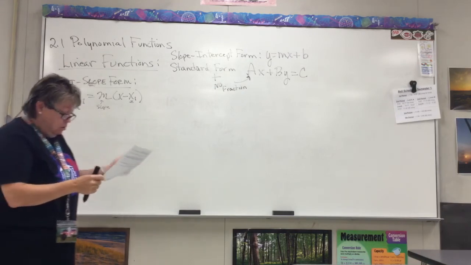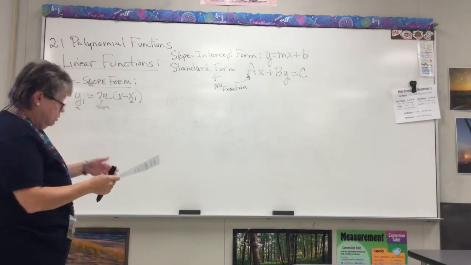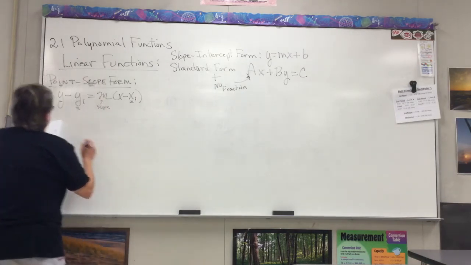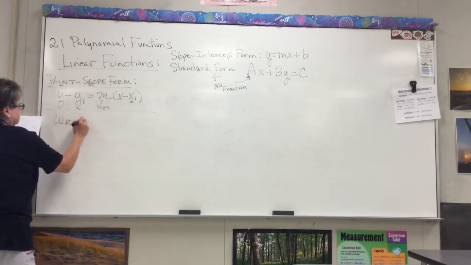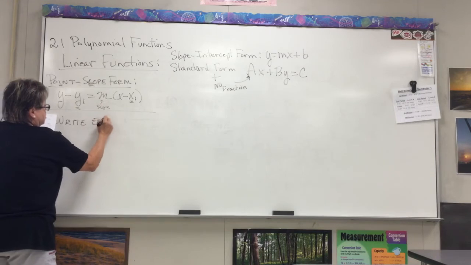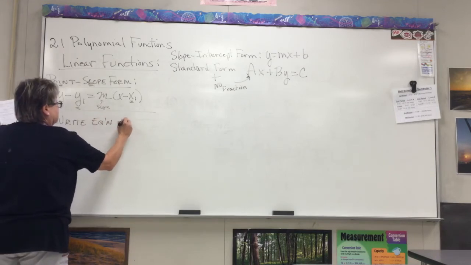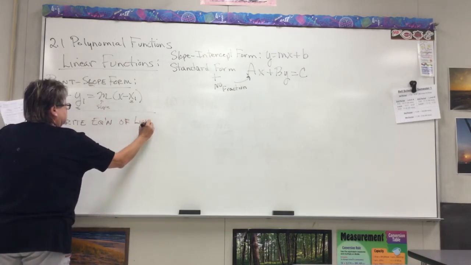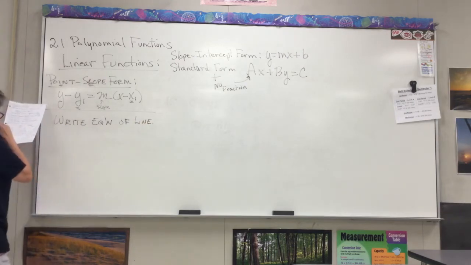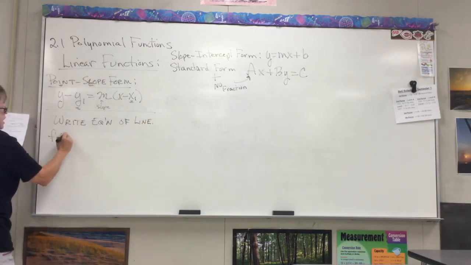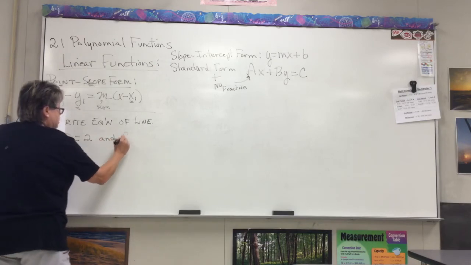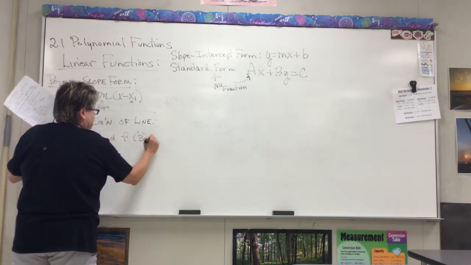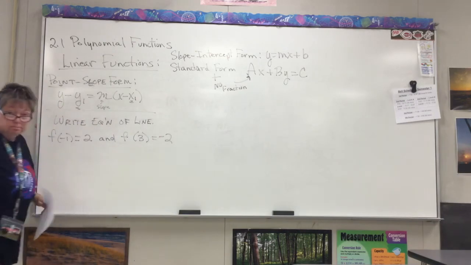So a couple linear examples. Maybe the question says to you, write the equation of a line, and the clues they give are f of -1 equals 2, and f of 3 equals -2.